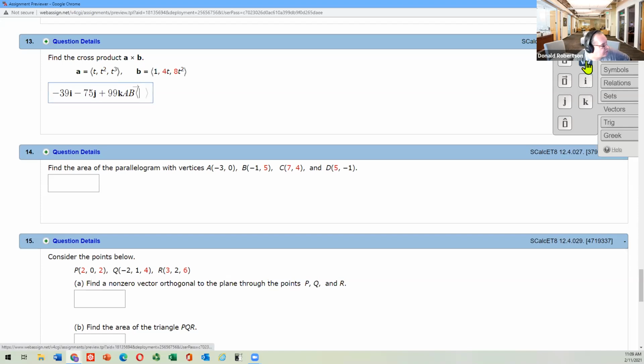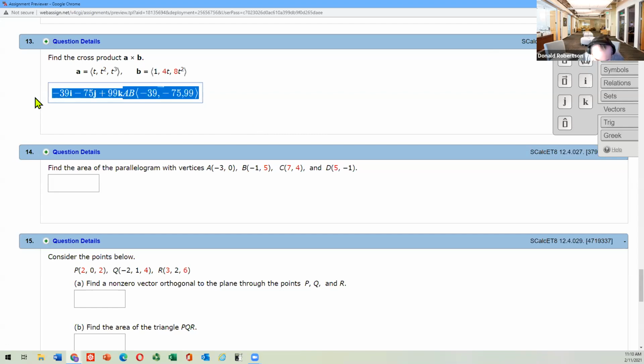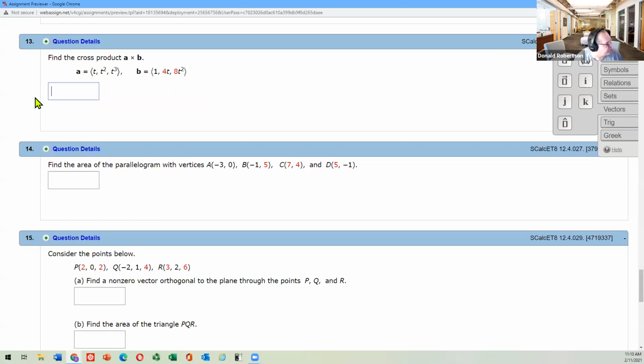Or the ones I like, in which case the answer would be negative 39, comma, negative 75, comma, 99. Are we all comfortable about how you need to hit the vector thing on your little calc pad when you do vectors? Because you'll look at it and it'll look perfectly correct, right? I did I, J, and K, but it was a keyboard I, J, and K. It's not that clever. It'll just say you're wrong, which is annoying. I'm assuming most of you have noticed that, but just in case you haven't.